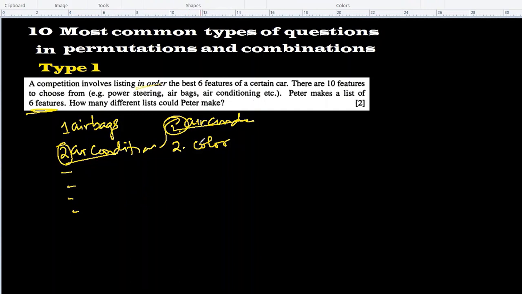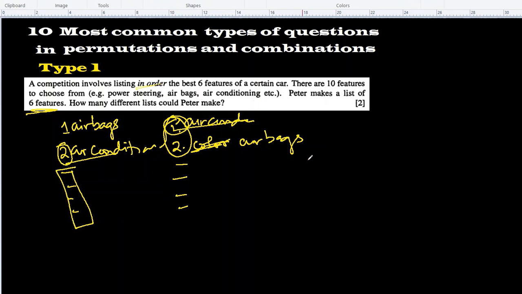If it was not color and in place of color it is airbags, and the rest of the 4 selections are exactly the same, but the order has changed here, that is a different case.